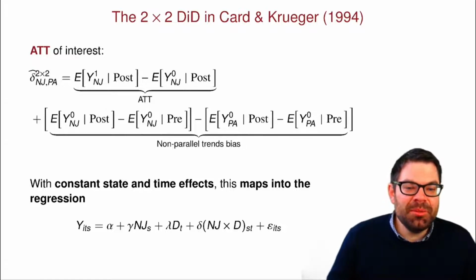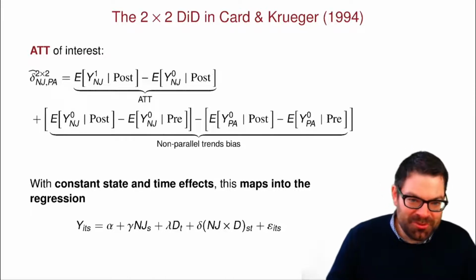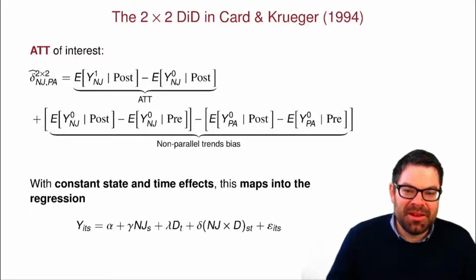Okay, so here we see how the diff-in-diff estimator maps into a regression equation. You can verify this by simply plugging in zeros and ones for whether you are before or after, and whether you're in New Jersey or Pennsylvania.